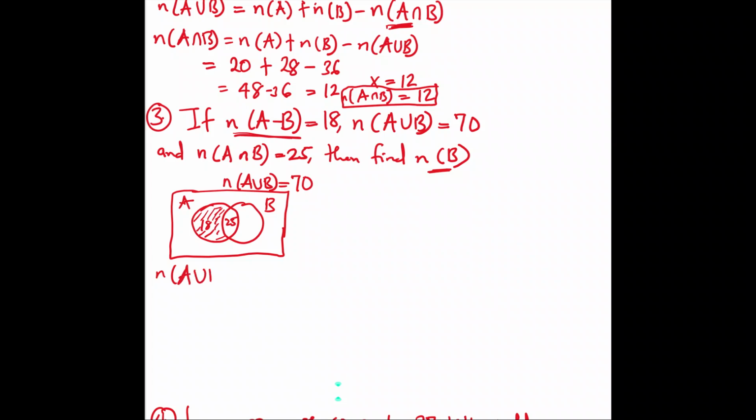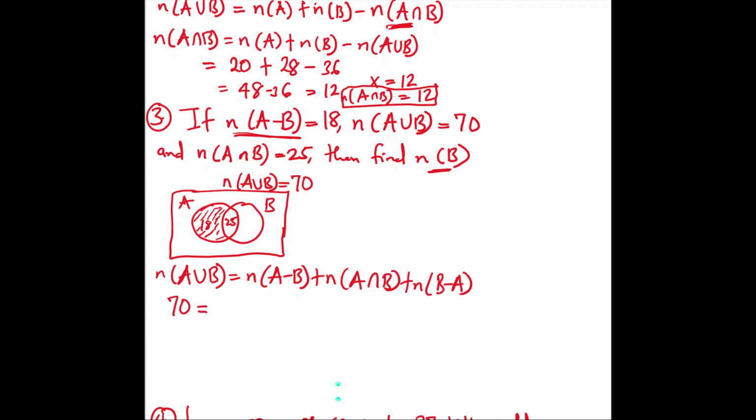So from the formula we have above, n(A union B) is equal to n(A minus B) plus n(A intersection B) plus n(B minus A).